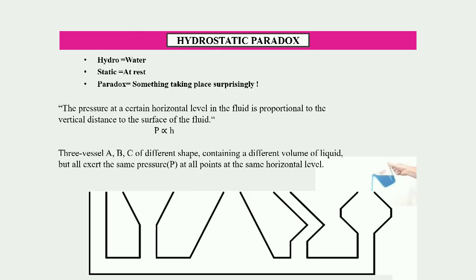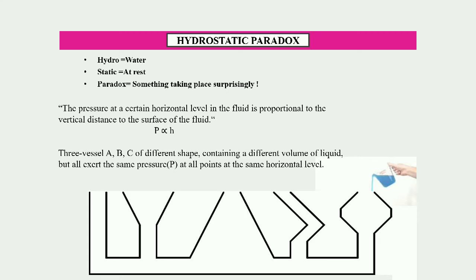Okay, now here next is the hydrostatic paradox. Okay, now here suppose we consider different vessels which are interconnected to one another, and you pour liquid in those vessels. What we observe here is, if the base, that is the bottom area of all the vessels, is equal, and the liquid is poured to the same height in all the vessels, then the pressure exerted at the bottom of the vessel will be equal actually.